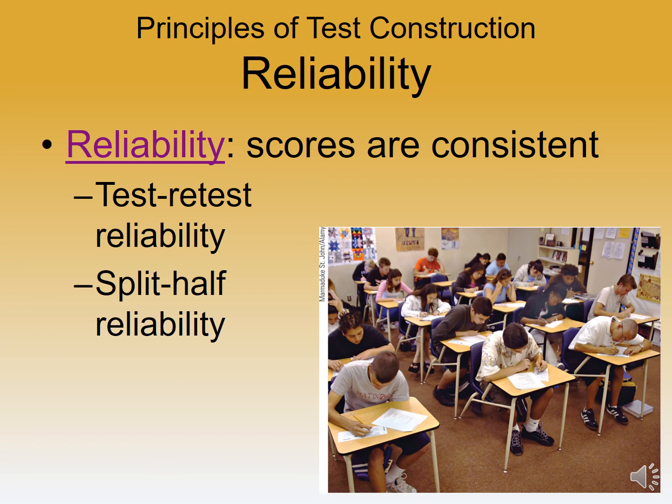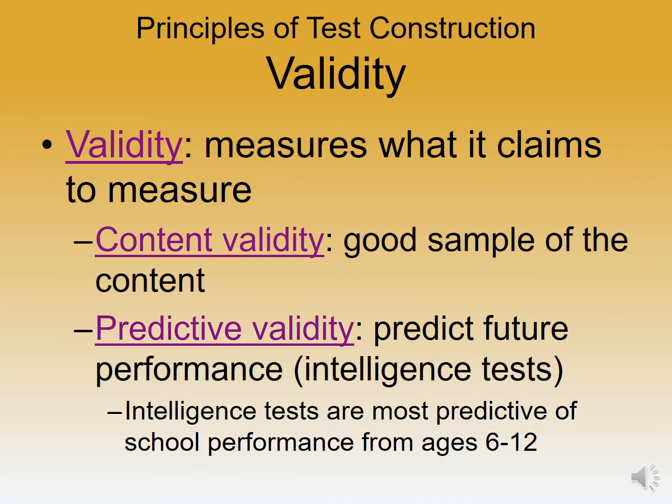For instance, in the first version of the test, you give them all of the odd questions, and then in the second part of the test, you give them all of the even questions. The goal of that is to see that the test is reliable. And obviously, if the scores that you get the first time you take it and the second time you take it are the same, then the more reliable your test is.